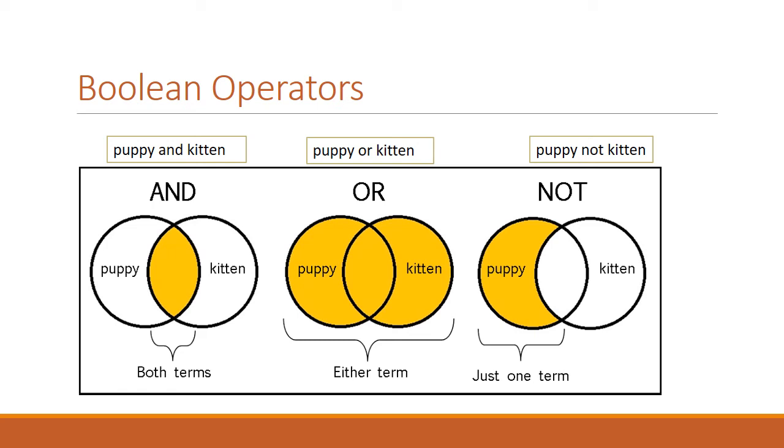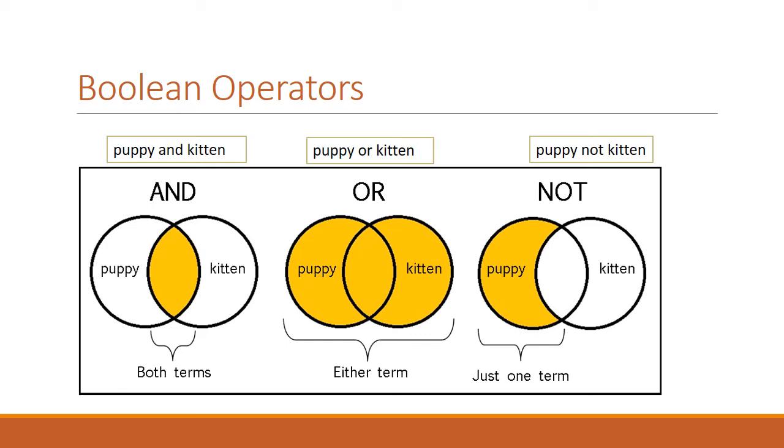Or maybe we want to ask the question, who in this group has puppies or kittens? So you have either one. You have a kitten, you have a puppy, maybe you have both. So that's going to give you a more inclusive group that includes everybody that has a puppy or a kitten as a pet.